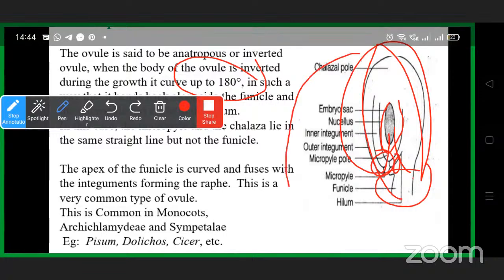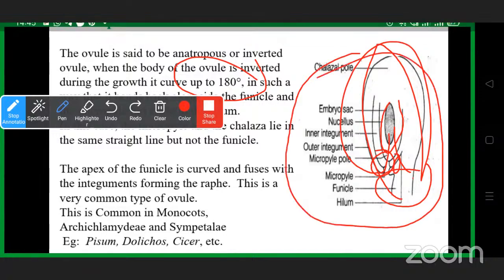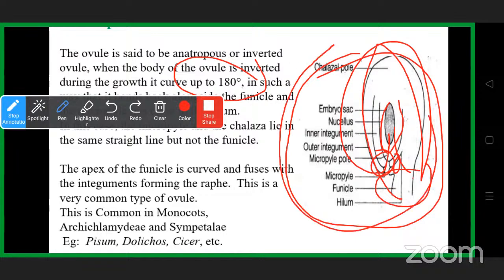You know, this is the common type of the ovule. In competitive exams they ask, which among these is the common type of the ovule? Orthotropous, anatropous, campylotropous, circinotropous, hemianatropous? Anatropous ovules are the common type of ovules, the most common type in almost the majority of plants.